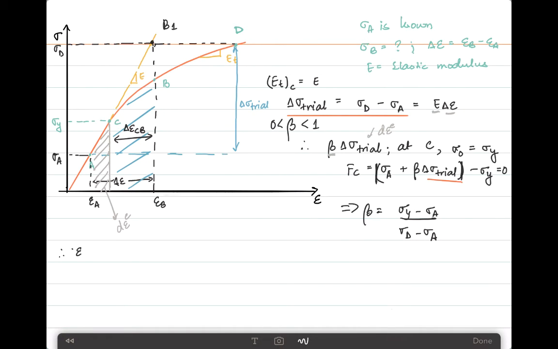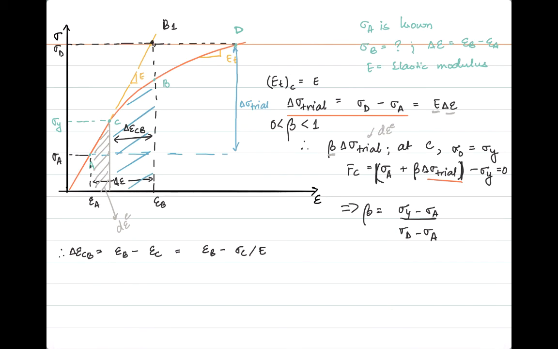So delta epsilon CB can be written as epsilon B minus epsilon C. And epsilon C is in the elastic region, so we can write epsilon B minus sigma C by the elastic modulus E.